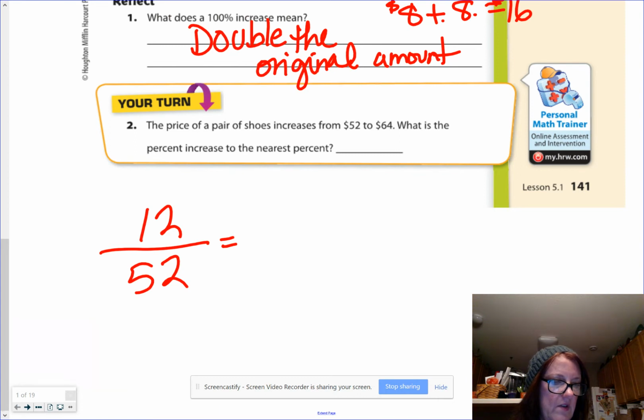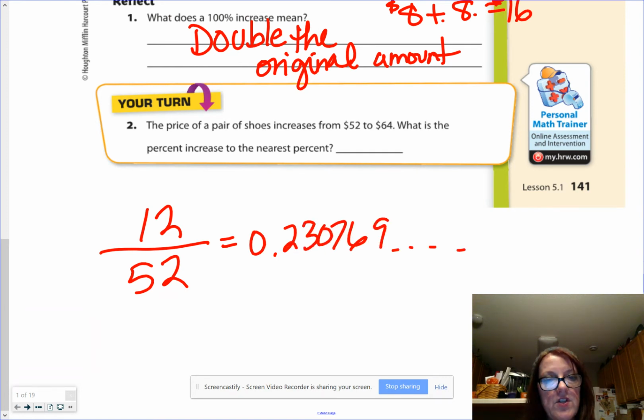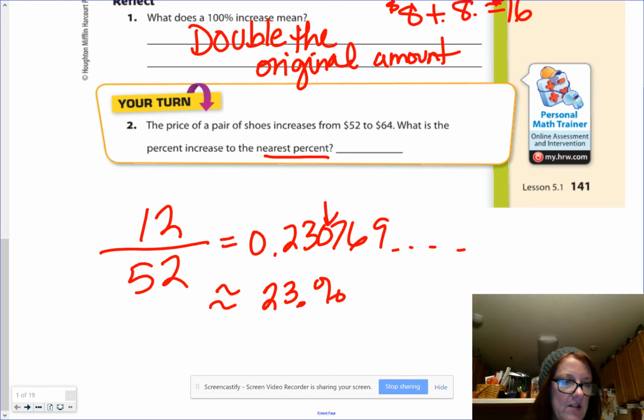I have to use my phone because I don't have a calculator here. 12 divided by 52 gives a big long decimal, 0.2307 69 and it keeps going. I want to turn it into a percent, so I move it two spots: 23 point 0769. To round to the nearest whole percent, I look at the next digit. It's a 0, so we keep that 23%. All right, let's try some more.